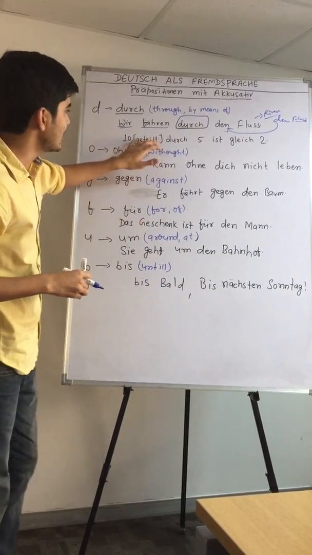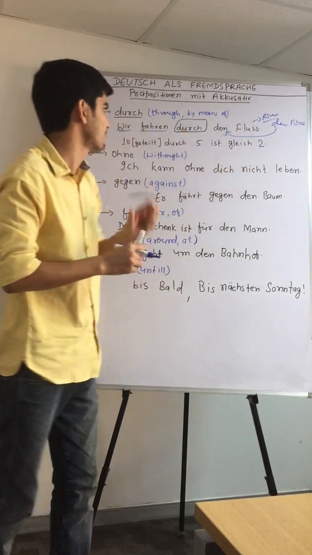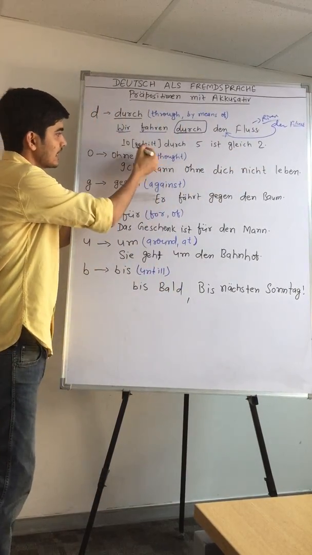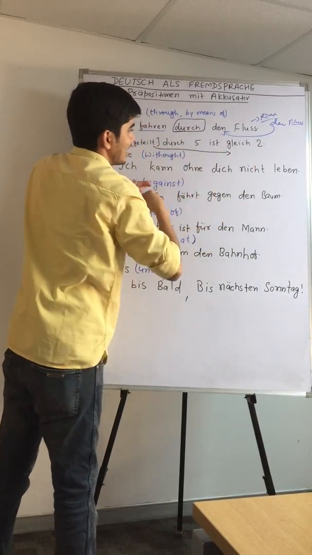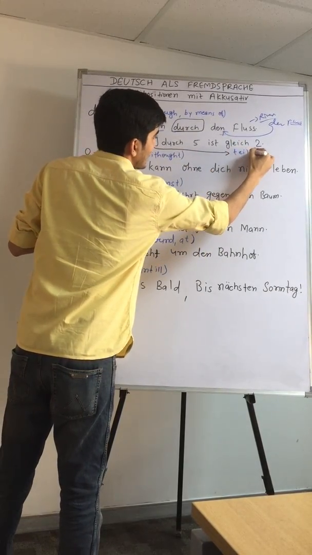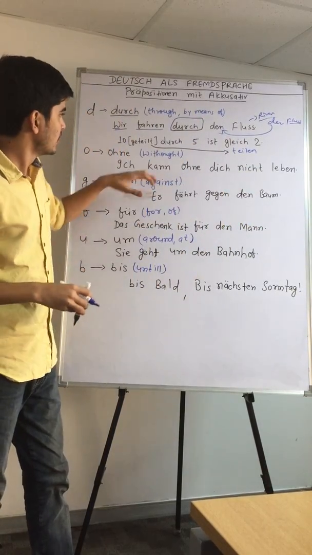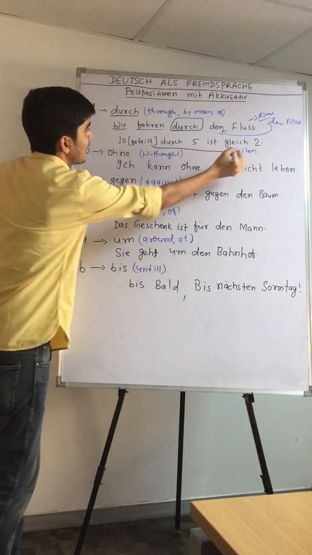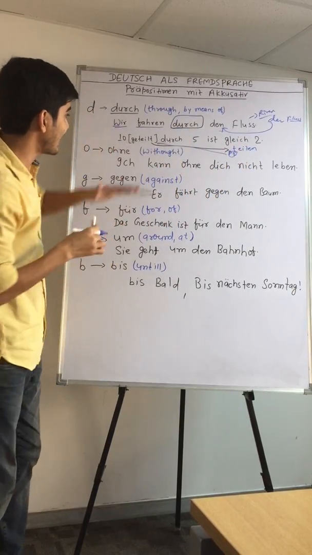Zehn geteilt durch fünf ist gleich zwei. Geteilt is our verb, that is teilen. Teilen means divide. This is Partizip zwei, P2 of teilen, geteilt.